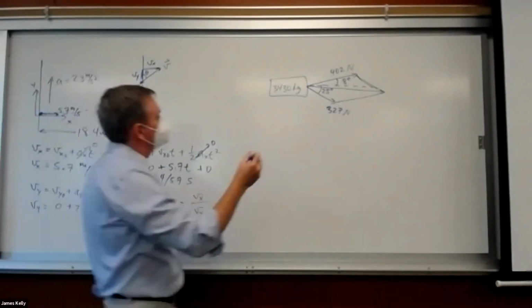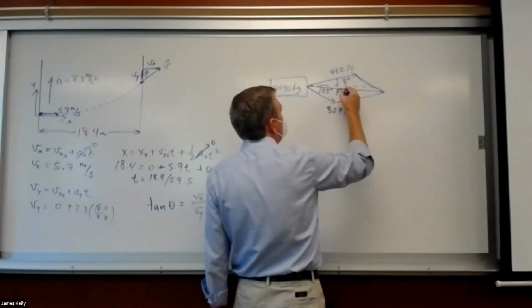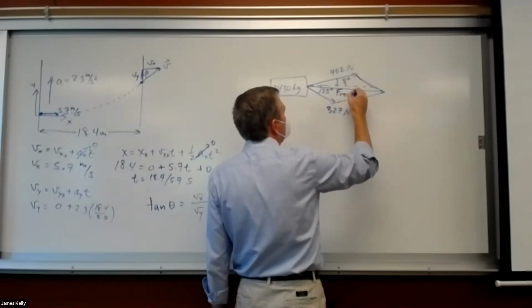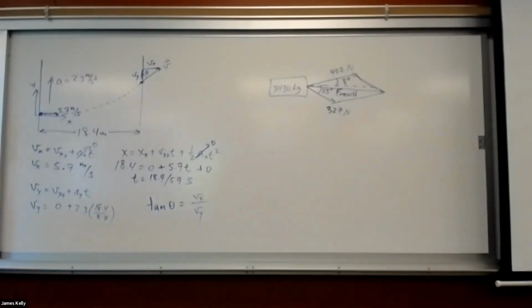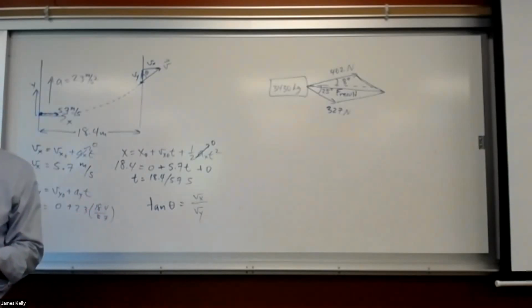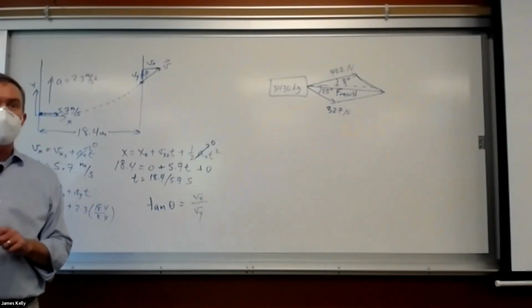So this is what I might call F resultant, to use the terminology in the problem. And I want to find the length of that vector. So how could I do that? Haley. Add them individually. That gives me the x and y components of the resultant. And then I finish up with the Pythagorean theorem, right?